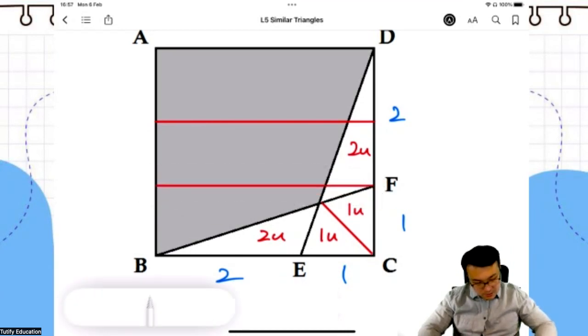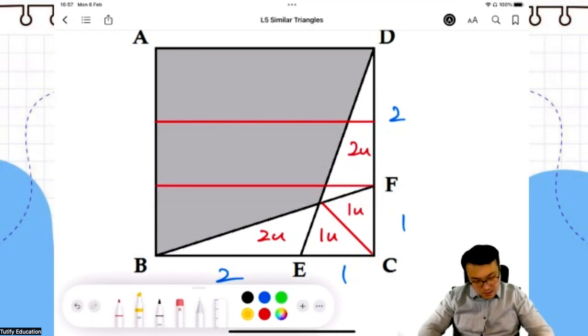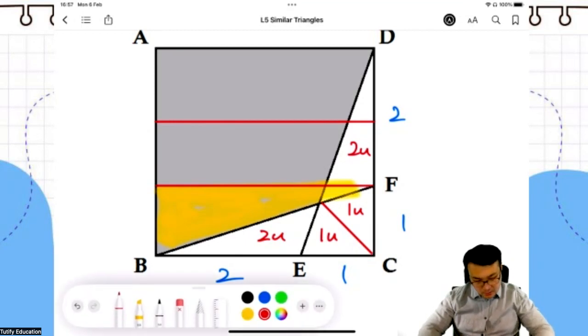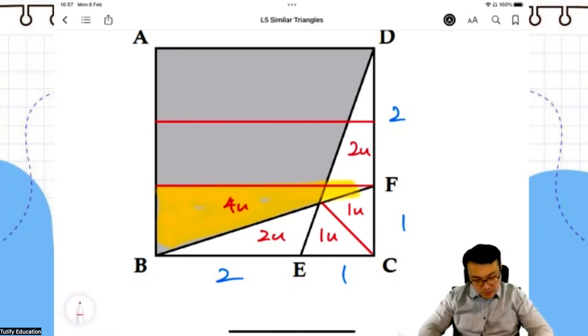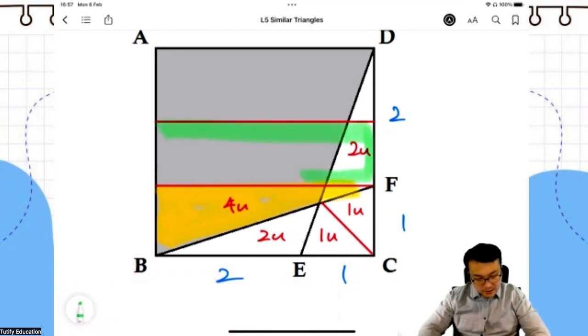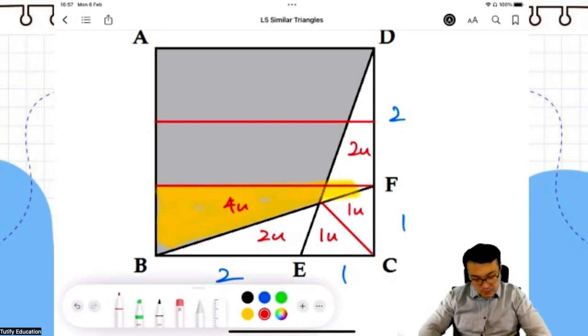Now, my next question to you is, how many units is this triangle? 4 units, correct. How many units is the green color rectangle? 8 units, because it is made up of 2 triangles. So the green color rectangle is 8 units.